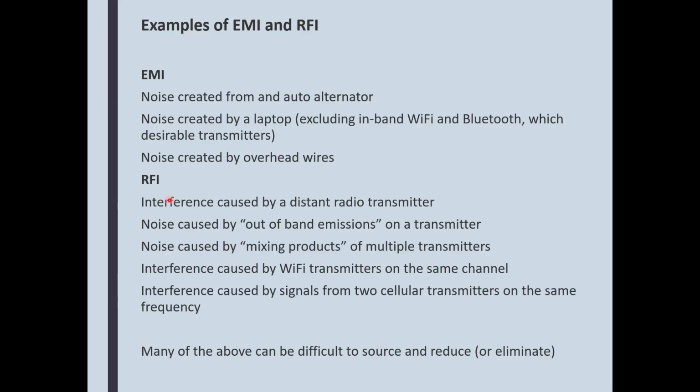So that would be radio frequency interference. Interference caused by Wi-Fi transmitters on the same channel. Interference caused by signals from two cellular transmitters on the same frequency. That would be interference. Many of the above can be difficult to source and reduce or eliminate. So things get a little bit complicated quite often.